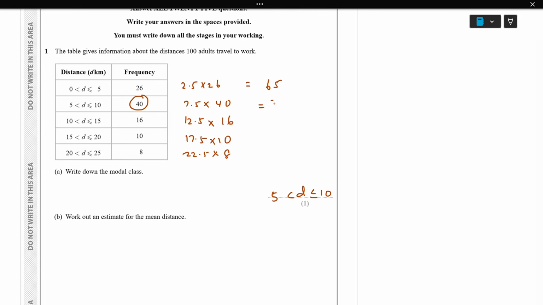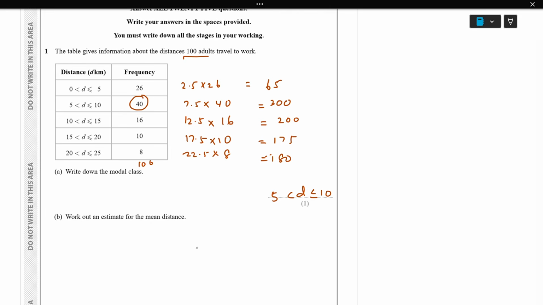Using the calculator we get the values 65, 300, 200, 175, 180. So the mean is just add up everything and divide by 100, because 100 adults is the total frequency.